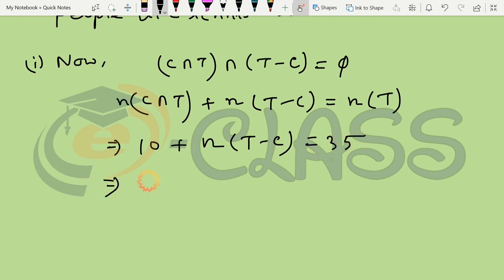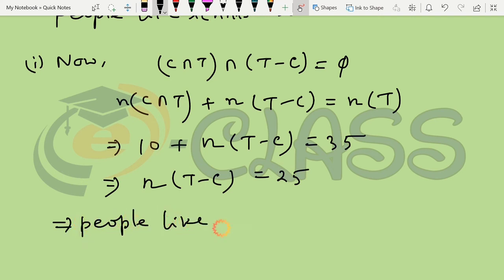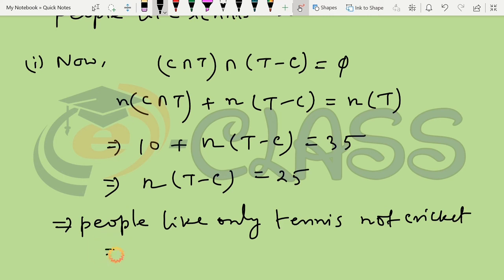So the number of elements in T minus C will be 25. So 25 people like only tennis, not cricket.